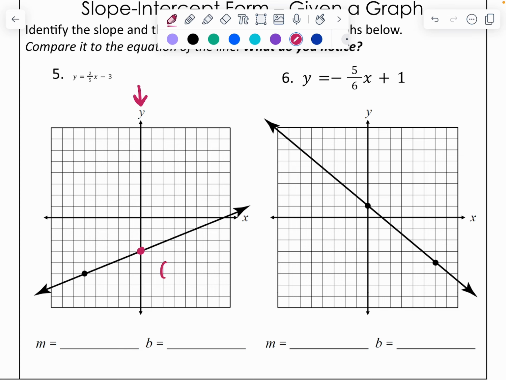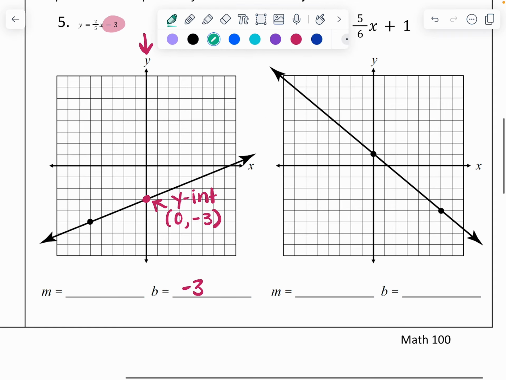That point is 0, negative 3. That's my y-intercept. So that means that b is negative 3. We can confirm that by looking at the equation above. The slope, we're going to find 2 points and find the slope, just like we did in yesterday's practice in b day 1.